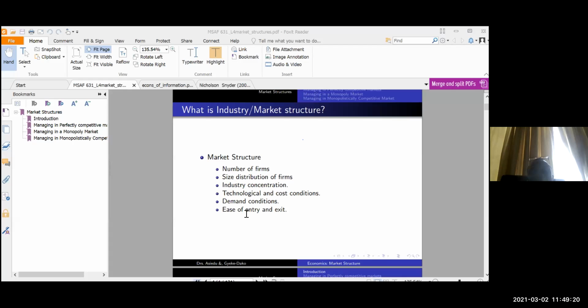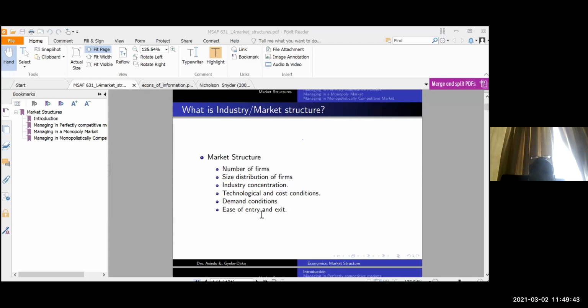That will be linked to the last one, the ease of entry and exit. If they are embedded, there can be risk attached to any of them in any way. There can be demand risk, where you think that there is demand, but you start production and there's no demand. It's risky also.